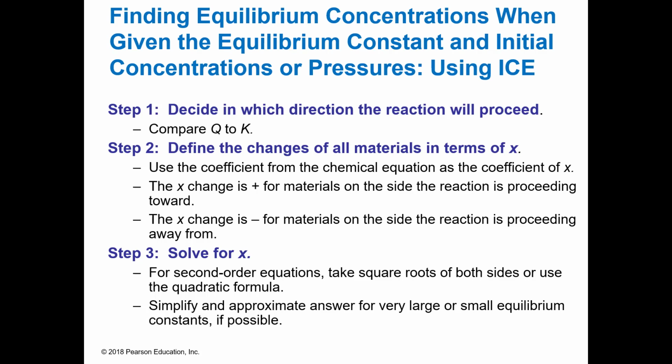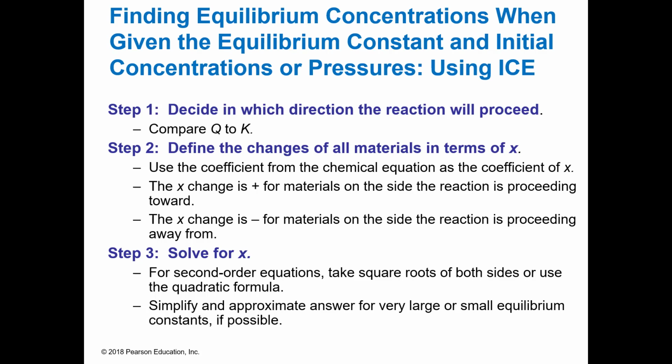You're going to use the coefficient from the chemical equation as a coefficient of X, still using the stoichiometric ratios, but the increase in material on the product side is going to be plus, and the decrease in materials on the reactant side is going to be negative X. And then you're going to solve for X. For second order equations, you're going to take square roots of both sides, or you'll have to use the quadratic formula.